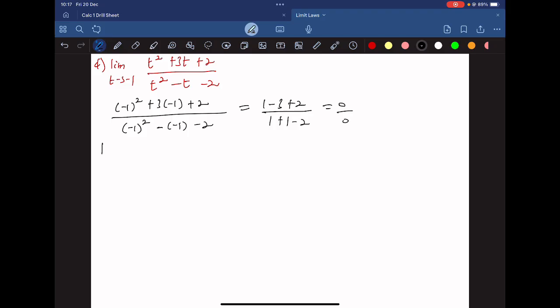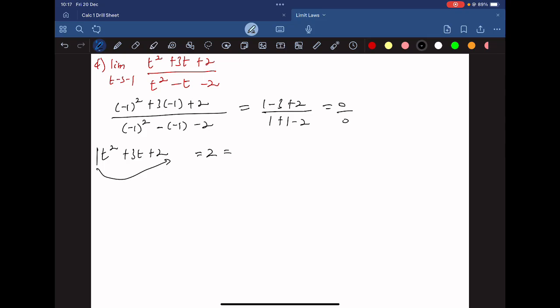So note that these two terms are polynomials, so we can just factorize. Now, let's factorize the numerator. If we have t squared plus 3t plus 2, how do we factorize? Always multiply the coefficient over here, which is 1, by the constant, which is 2, right? So we have 2 in this case.